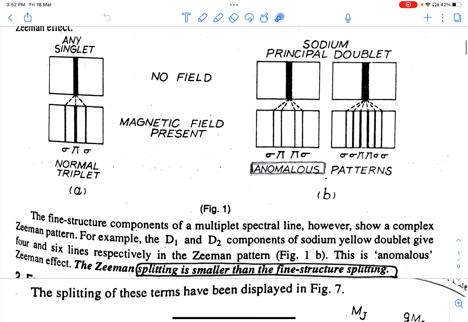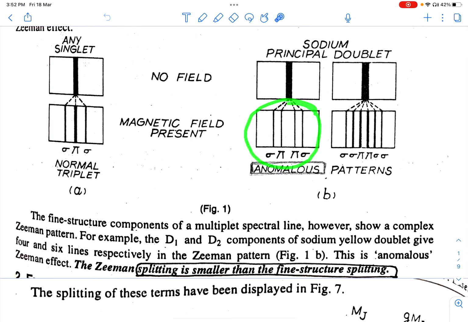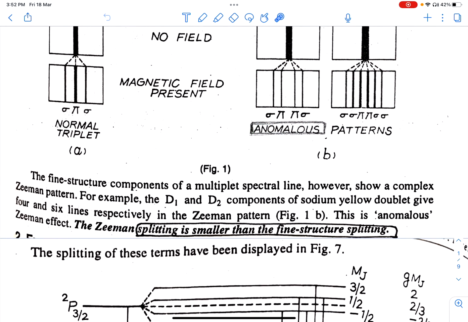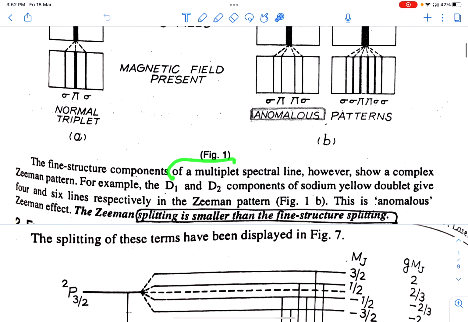Now when we see the sodium D1 D2 lines, they are again split due to the external magnetic field. For D1 there were 4 and for D2 there were 6, right. The fine structure components of a multiplet spectral line give a complex Zeeman pattern, which we also call the anomalous Zeeman pattern.